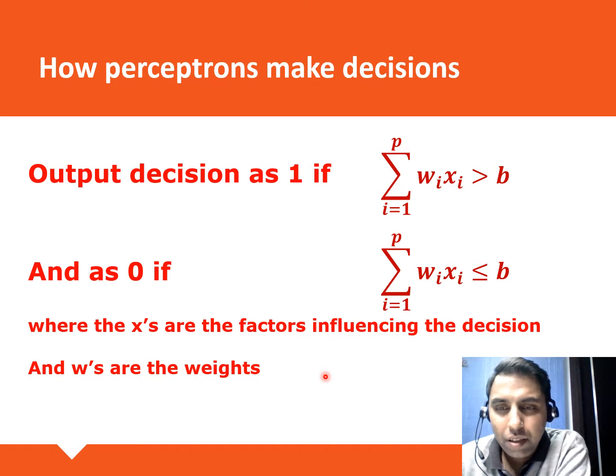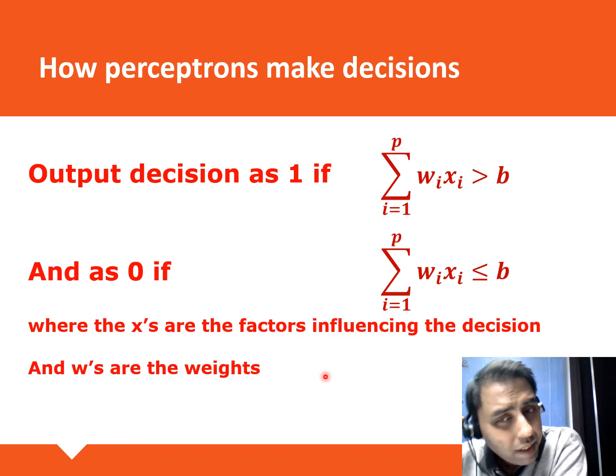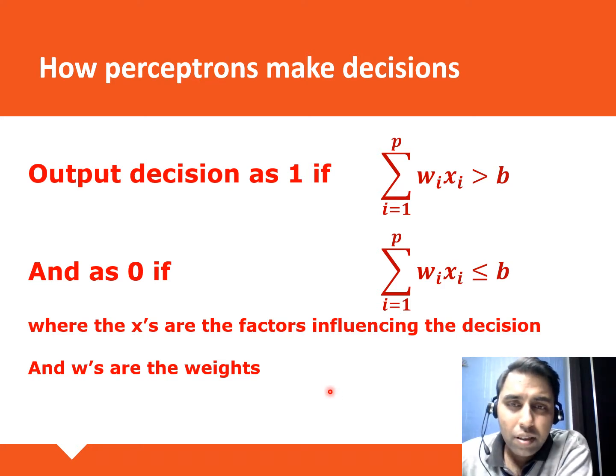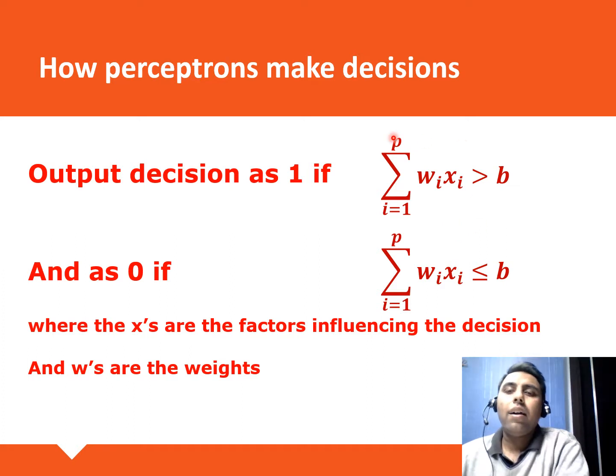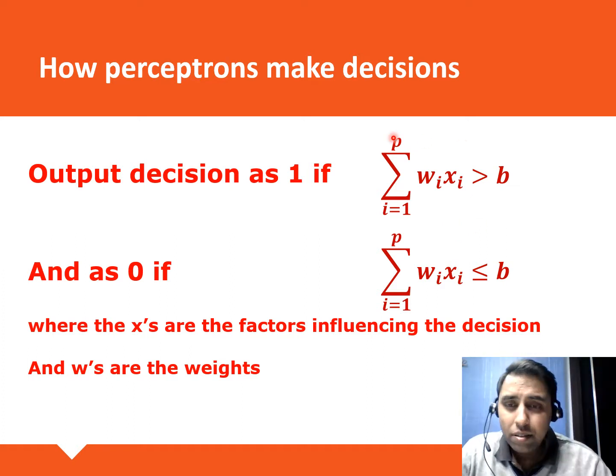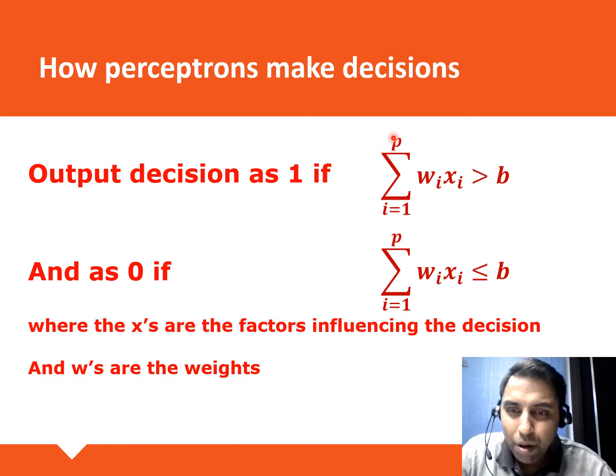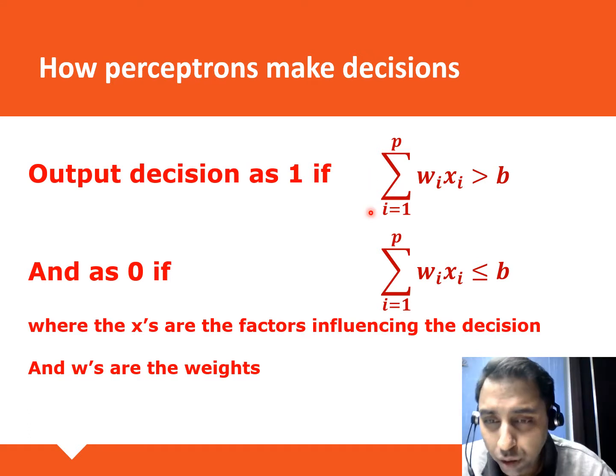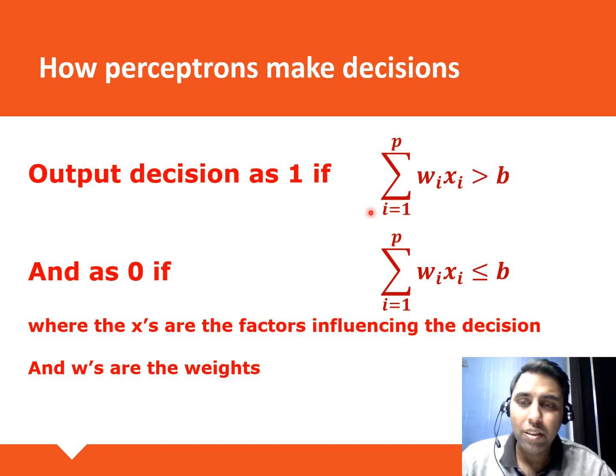For the time being, we'll park the estimation part. We'll look at it at a later stage, but for the time being we'll assume that this is how perceptrons work. And if you are already having questions in your mind about what is the guarantee that this kind of decision making actually works, that it makes good decisions.